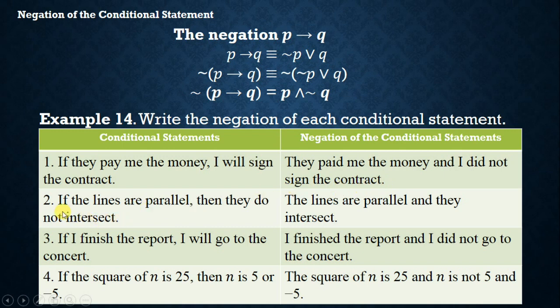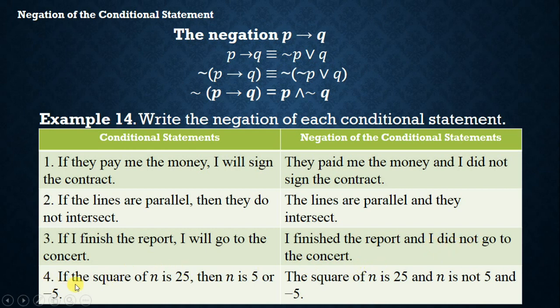Number 2: if the lines are parallel, then they do not intersect. The negation is: the lines are parallel and they intersect. And number 3: if I finish the report, I will go to the concert. So the negation of this statement: I finished the report and I did not go to the concert.